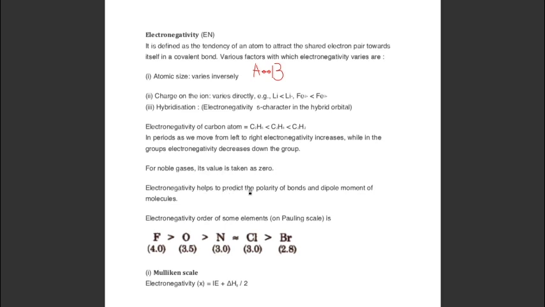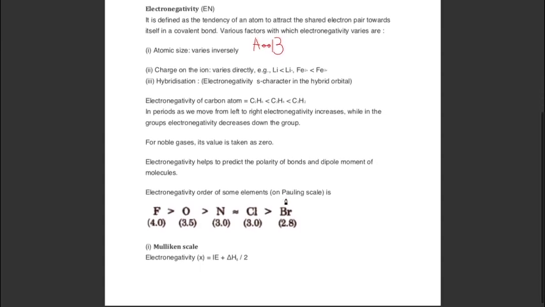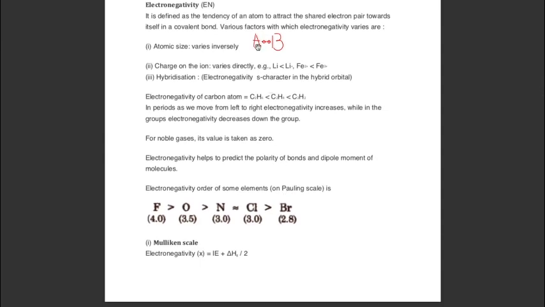Electronegativity helps to predict the polarity of a bond and the dipole moment of a molecule, as I just told you. If the electronegativity difference between two atoms A and B is large, and A is more electronegative, then it attracts these electrons towards itself, and in this way A acquires a little bit of negative charge and B acquires positive charge, and hence polarity is developed in the molecule.